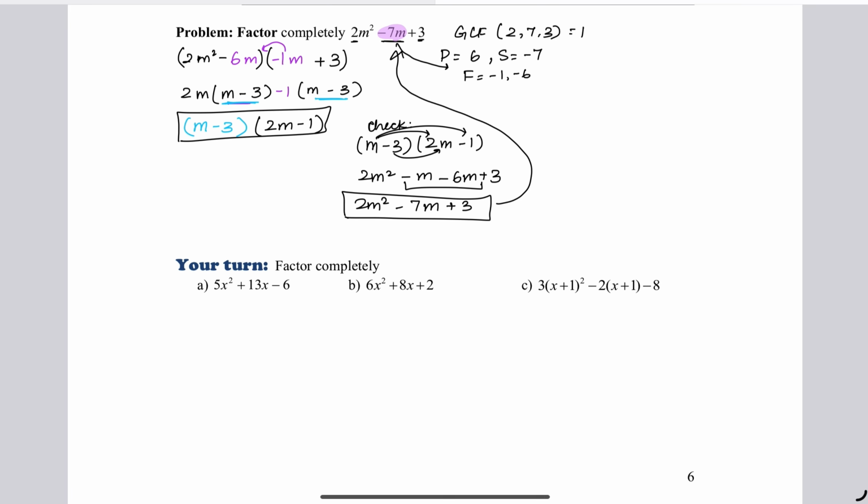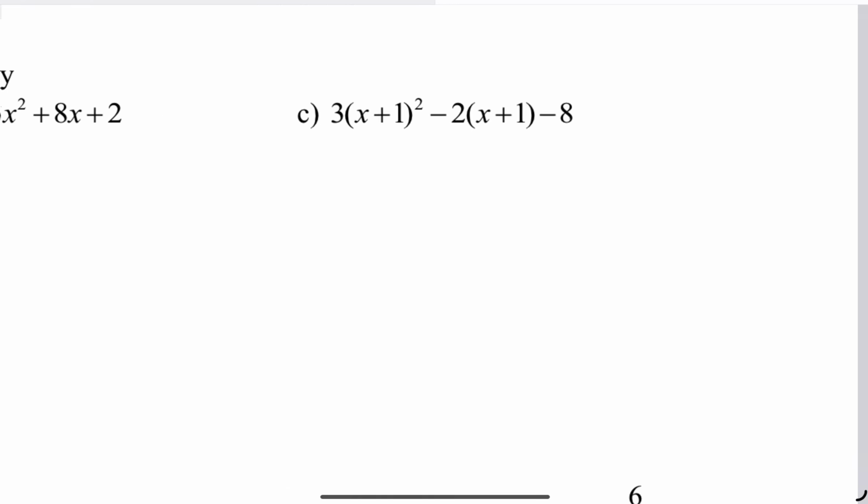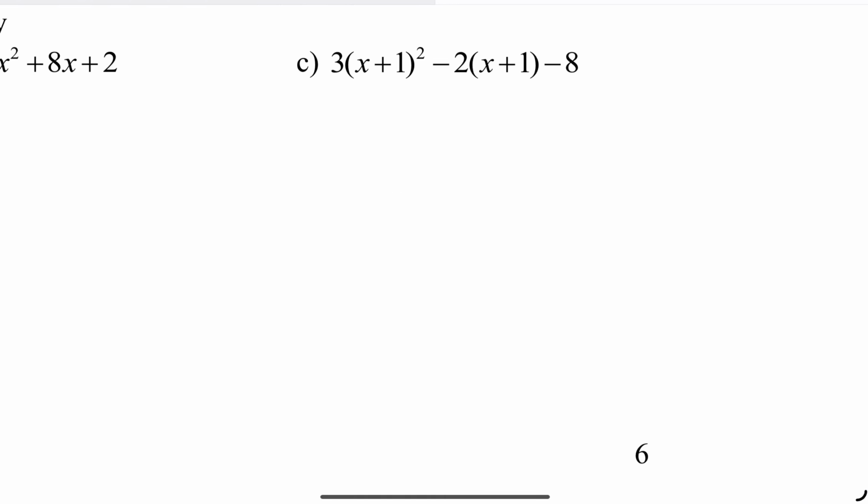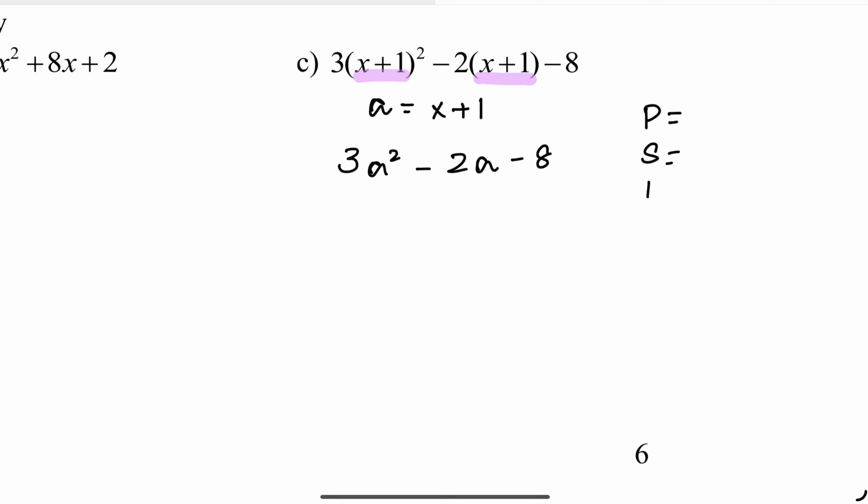Okay, so this is the same, right? So I can take that as A, whatever I want, A, B, C, D, whatever you want, except X. So I'm going to substitute A as X plus 1. So it'll be 3A squared minus 2A minus 8. So my product, I cannot factor anything out, so I'll do product sum factor. And my leading coefficient isn't 1.